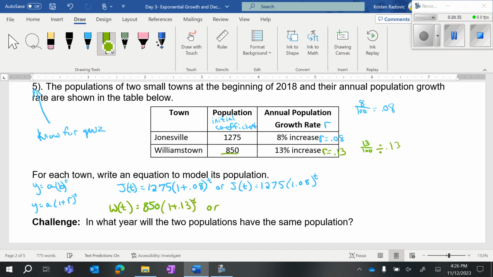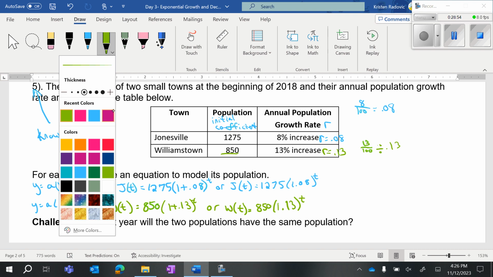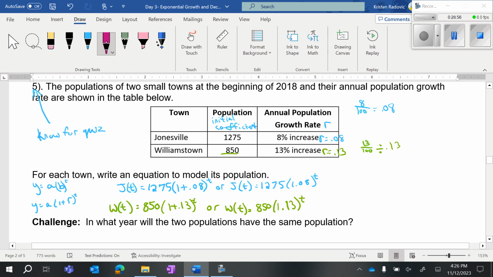Or you can rewrite this as W of t equals 850 times 1.13 to the t. And that's it. You have to know whether you're 1 plus r or you're 1 minus r.